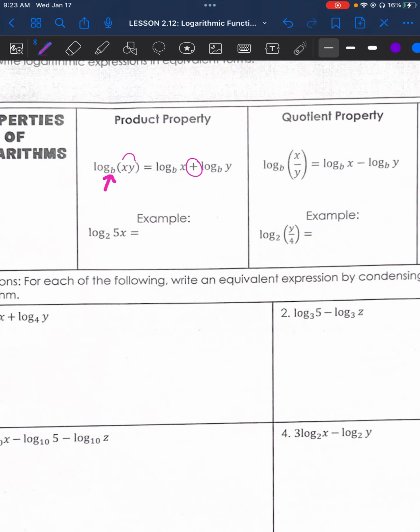So log base b of x times y is the same thing as log base b of x plus log base b of y. So for example, if we have log base 2 of 5x, and we're going to assume that 5x is in parentheses, that is the same as log base 2 of 5 plus log base 2 of x.